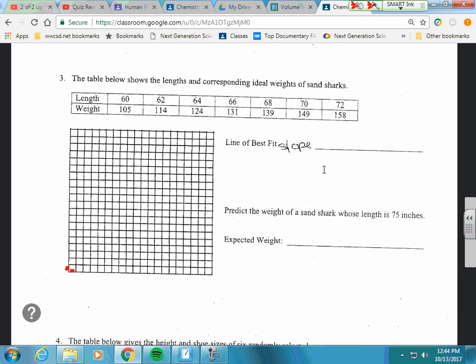Now, talking about these sand sharks, if we're first of all trying to determine the axes, what would you say makes more sense? The length depends upon the weight, or the weight depends upon the length?